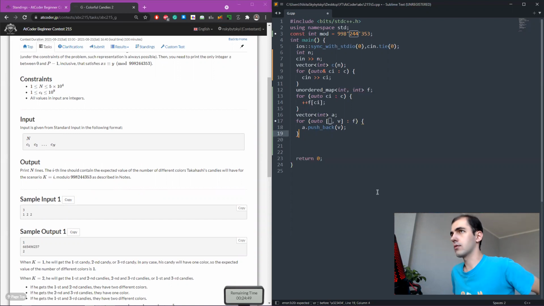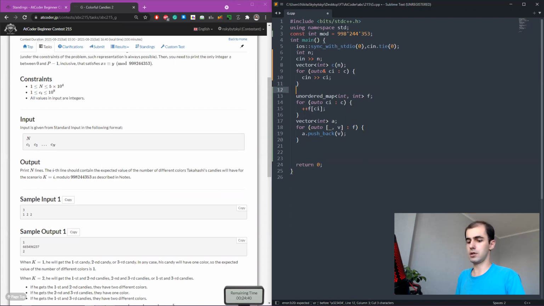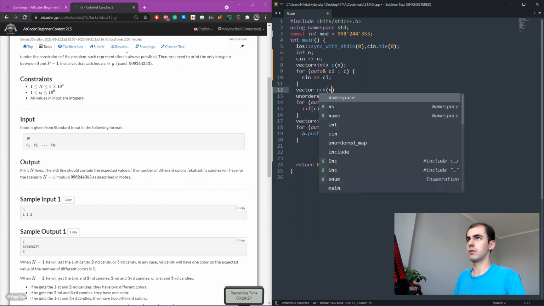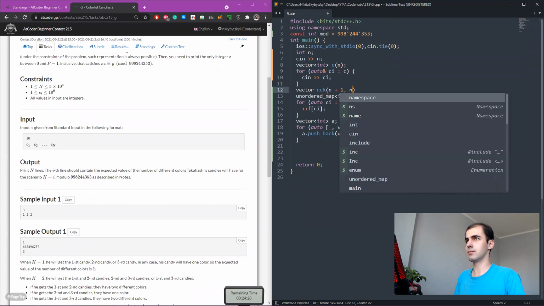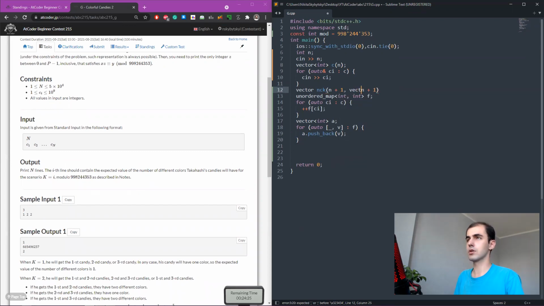Right, much better. And also we will need binomial coefficients, so n choose k. What's the maximum value? This value is maximum and this value is maximum.